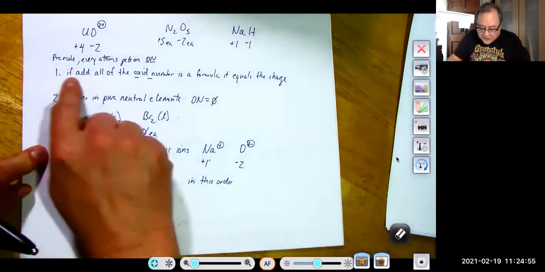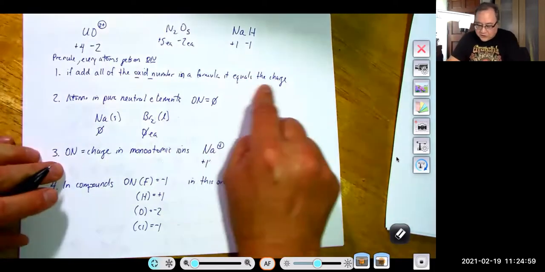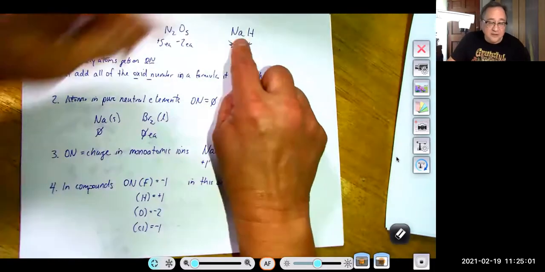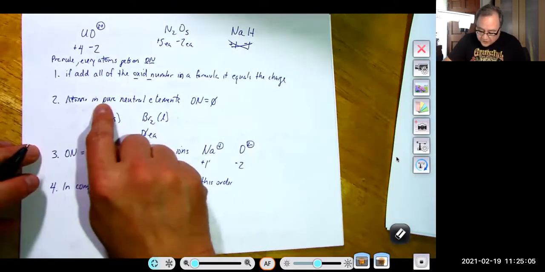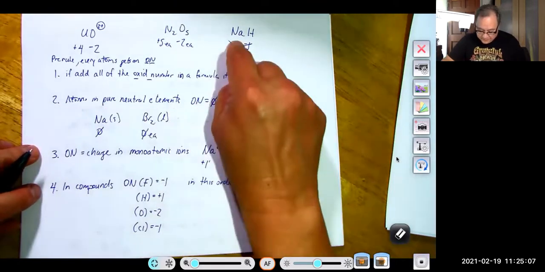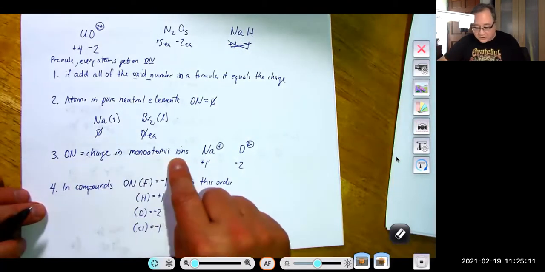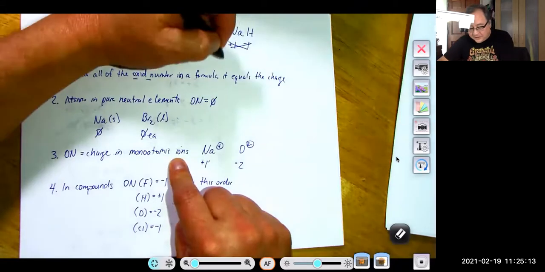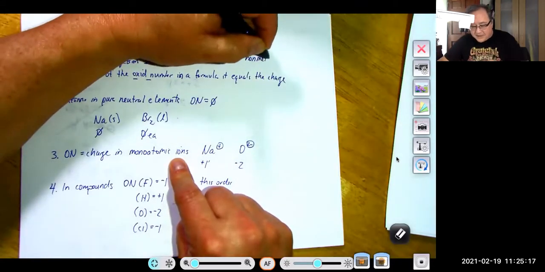If you add up the oxidation number in a formula, it equals the charge. What's the charge on this sucker? 0. Okay. Atoms in pure neutral elements are 0, none there. The oxidation number equals the charge in monoatomic ions. Oh, shoot. This is a metal. This is a non-metal. What does that mean about this compound?